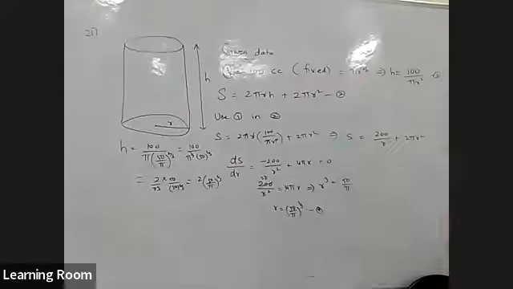But one thing that I didn't do is what? For which you lose marks. Second differentiation, second order differentiation, and then you have to check whether it is minimum or maximum.